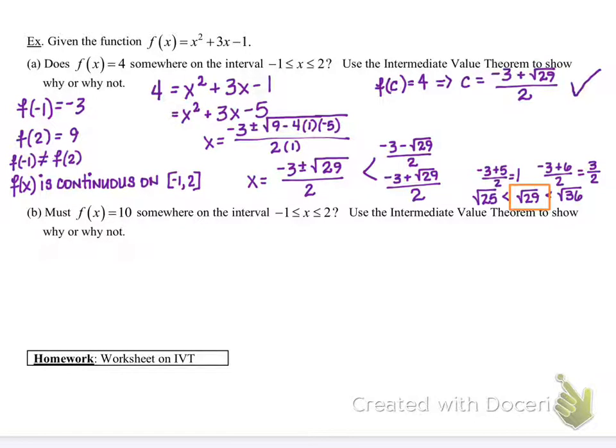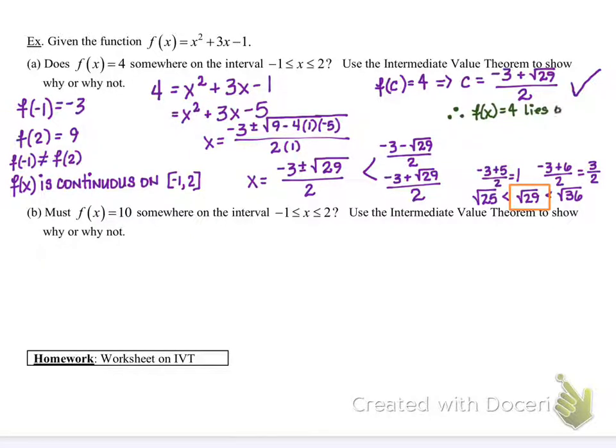Now the last thing you're going to want to do is make sure you actually answer the question, which is something that I am terrible about. So we can say therefore, in practice, I'm pretty good as a teacher most of the time. I usually remember to go back and look. So therefore, f of x equal to 4 lies on the interval.